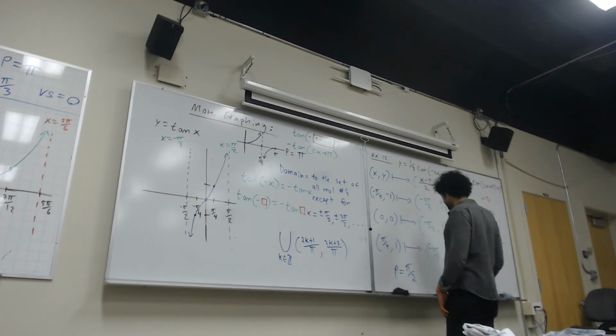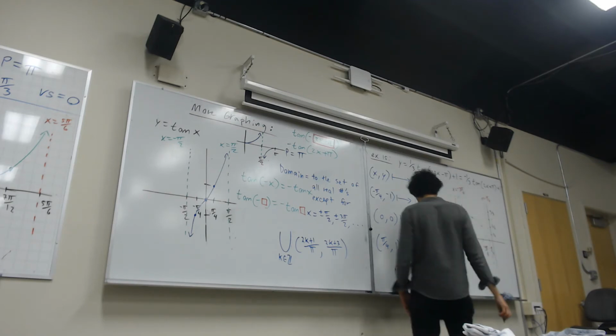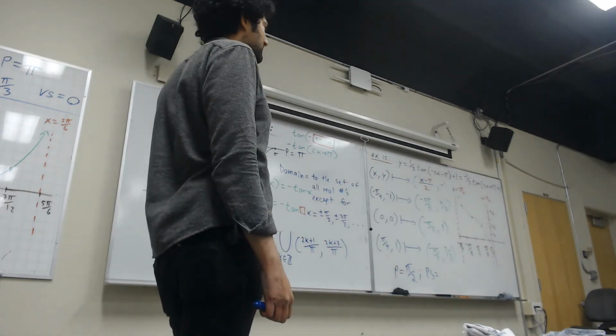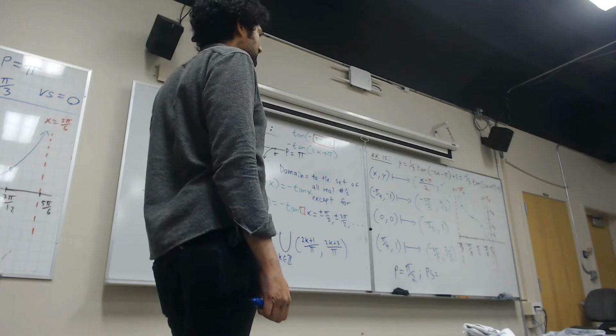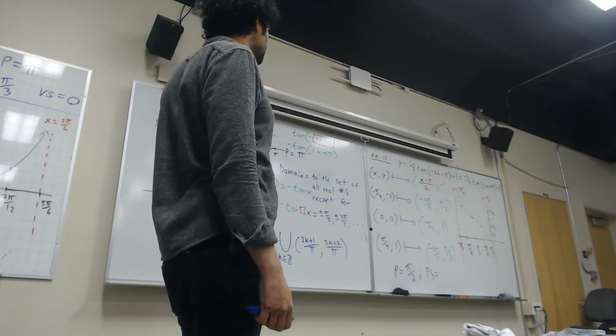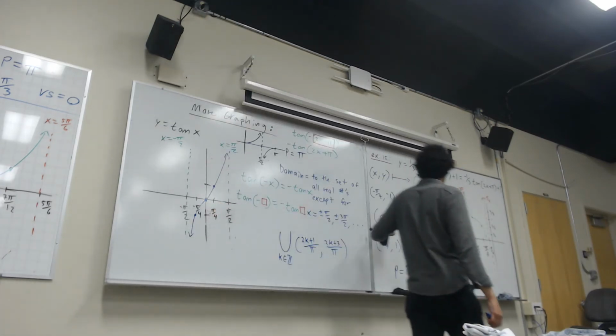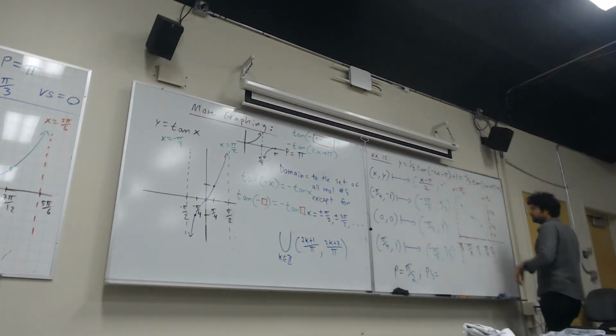And then, what else do we got? We got phase shift. What's your phase shift? Think about where your 0, 0 went. It went all the way to negative pi over 2, 1.